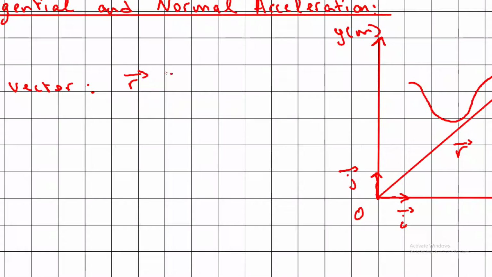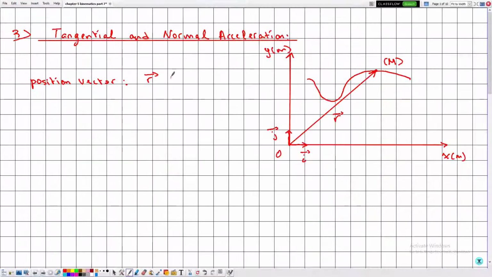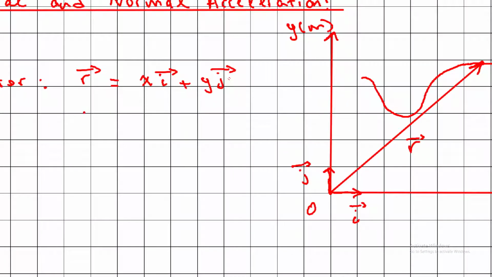And as for the magnitude of this position vector, suppose that we are writing r in the Cartesian coordinates: xi plus yj. Then the length of this vector, or the magnitude, is given by r, which is the square root of x squared plus y squared.